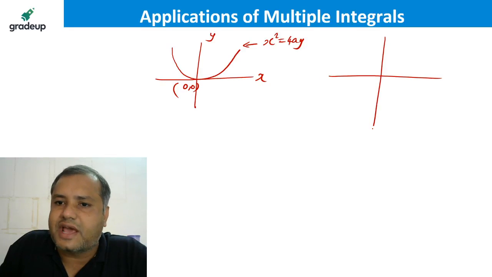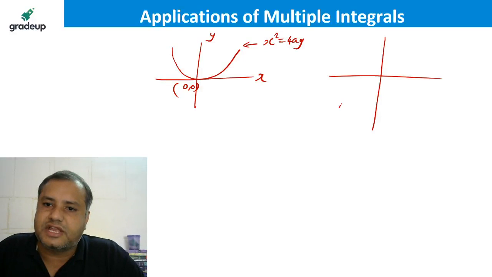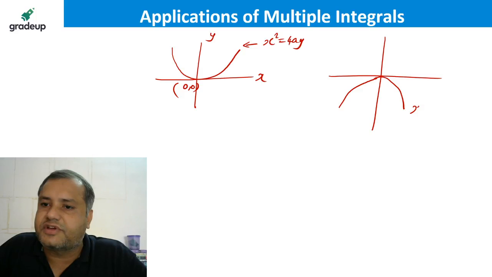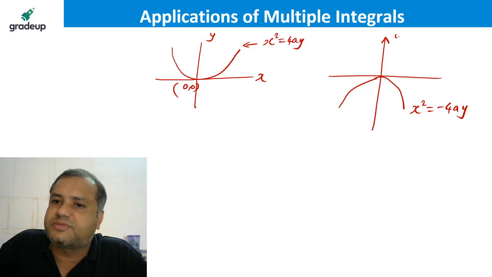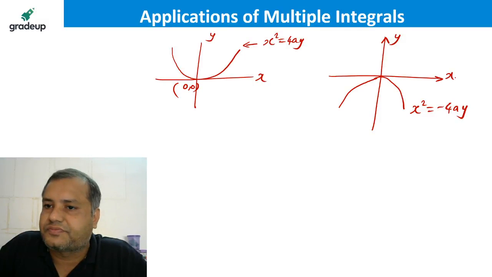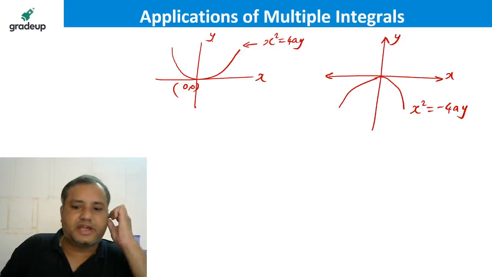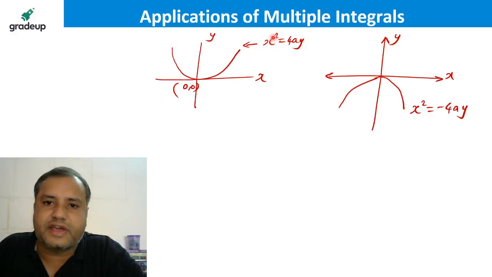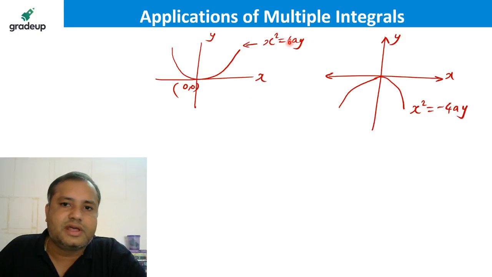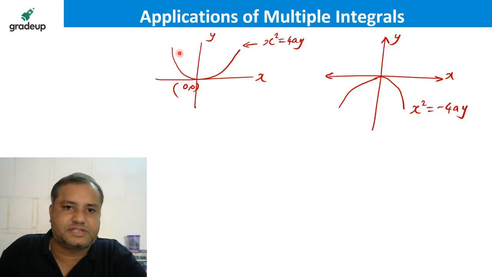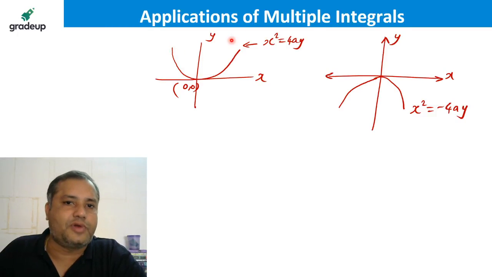If this parabola is inverted, then its equation will be x square equal to minus 4ay. Still it is symmetrical about the y-axis. Are you following? So if the degree of x is 2 and the degree of y is 1, the parabola will be symmetrical about the y-axis. This is called a vertical parabola, either opening upward or opening downward.